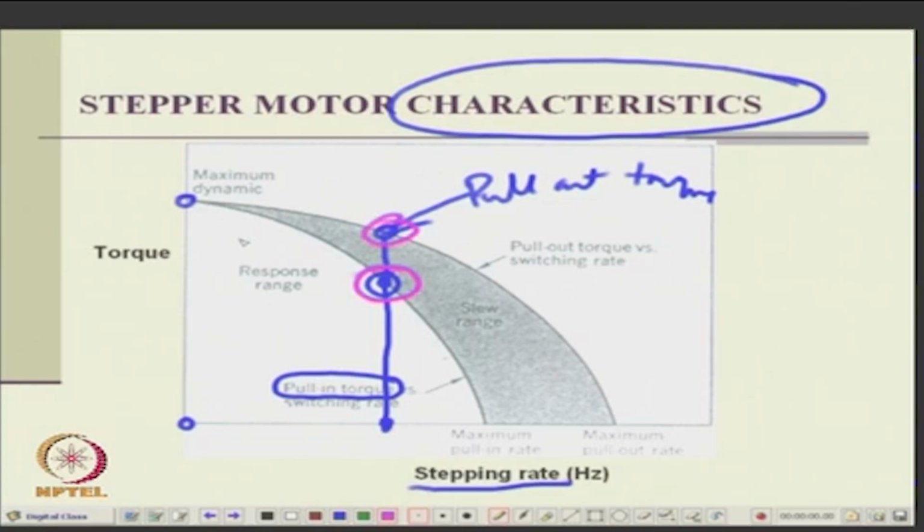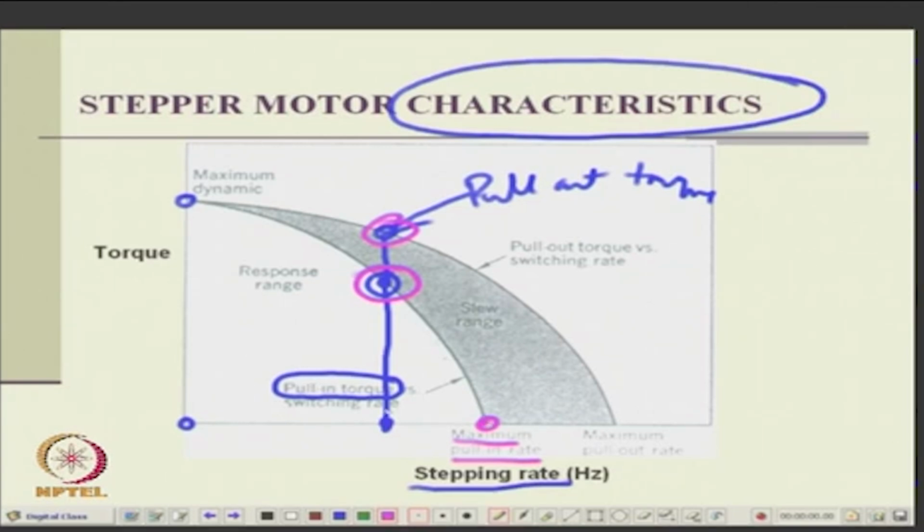At 0 it will be 0 frequency. You go on increasing the frequency, and then there is one point where there is a maximum pull-in rate. That means here it can pull in almost no torque at this position.